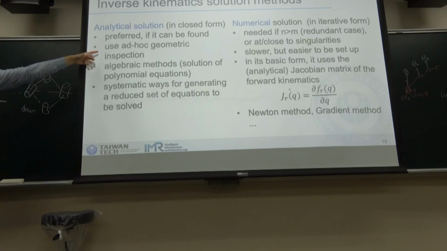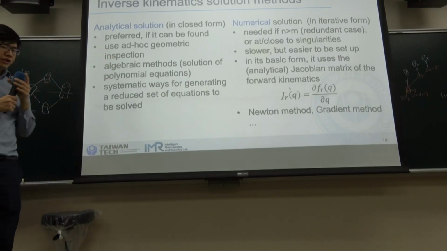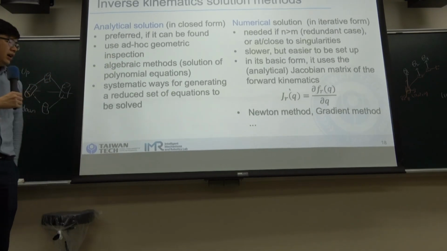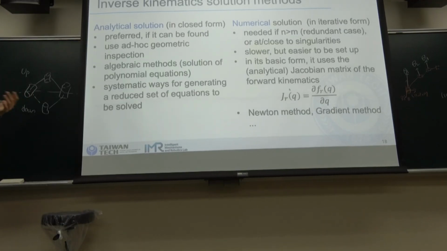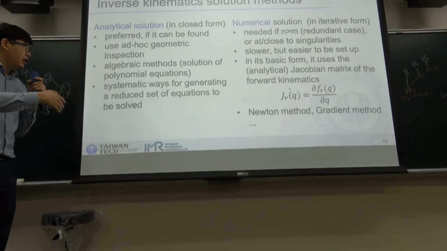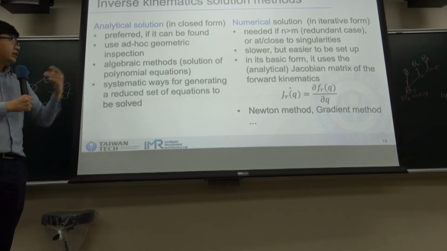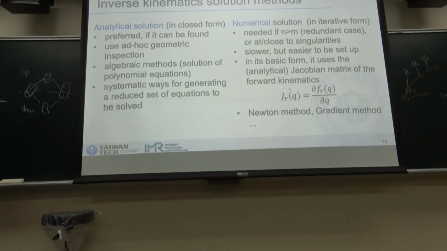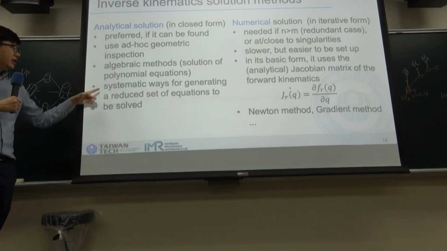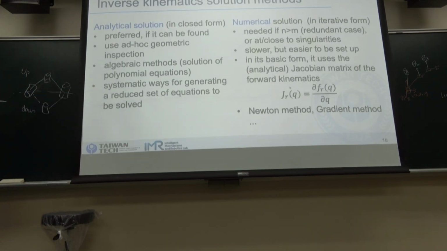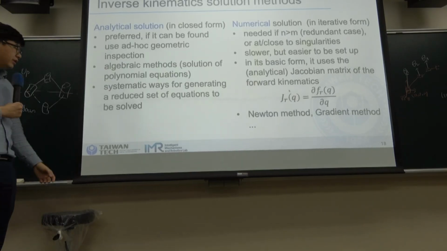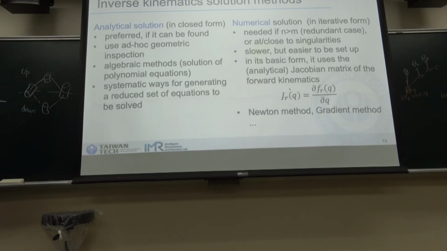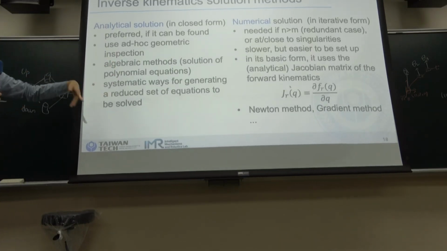Usually you can use geometric inspection to assist in solving, and also usually we use the algebraic method, just solving the polynomials. This is a systematic way of generating a reduced set of equations to be solved. So if you can get the analytical solutions, it's preferred.